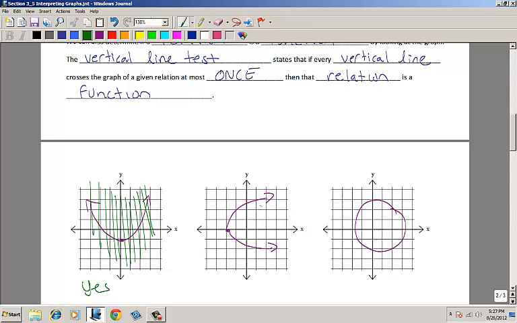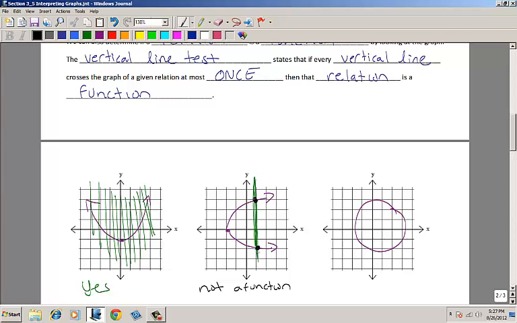Let's look at our second one. Here's the first vertical line that I drew. And the very first time I drew a vertical line on this graph, I crossed my relation in 2 separate places. So this is not a function. Okay? Think of it again just as a computer. At the input value of 1, my output value is either 3 or -2.